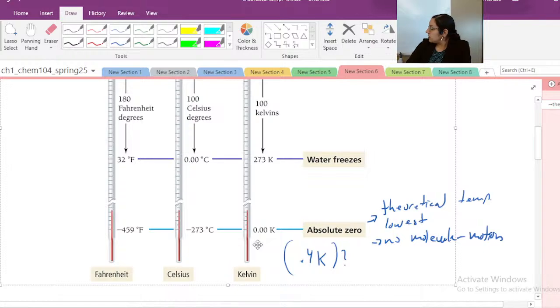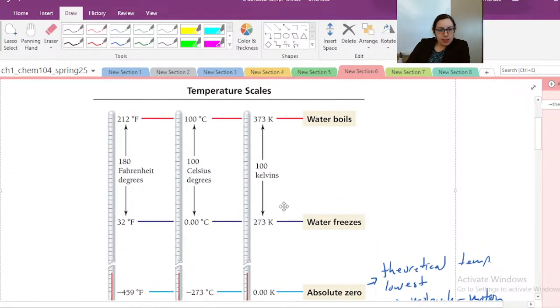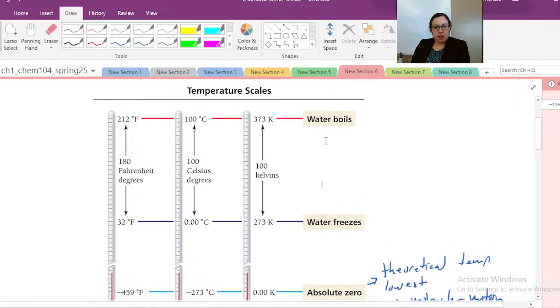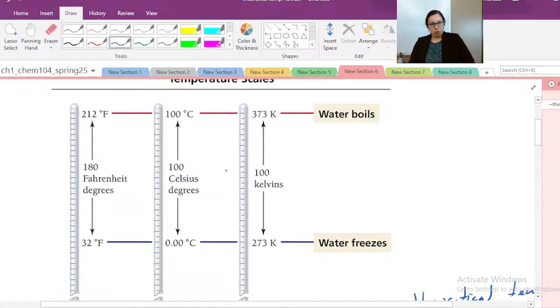So it starts at 0, and now we can at least compare it to things that we understand. Kelvin and Celsius track pretty similarly in the sense that a 1 degree increase in Celsius is also equal to a 1 degree increase in Kelvin.